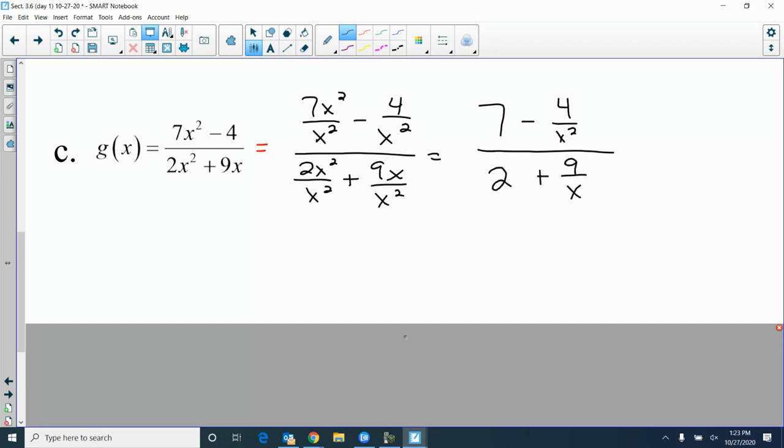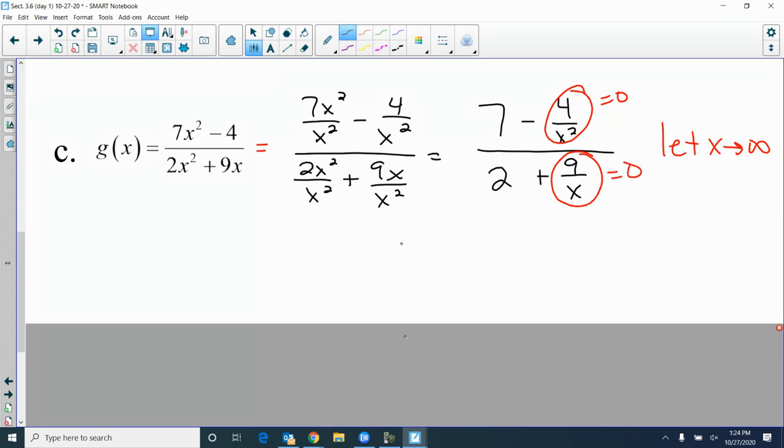All right, now think about x going to infinity. X is going to blow up, get real big. Well, what happens to the 7 and the 2 are not affected, but what's 4 over x squared? That's got to go to 0, and 9 over x squared has to go to 0.